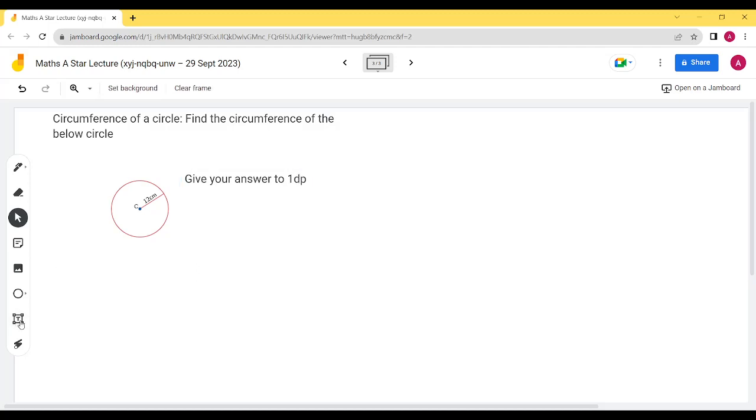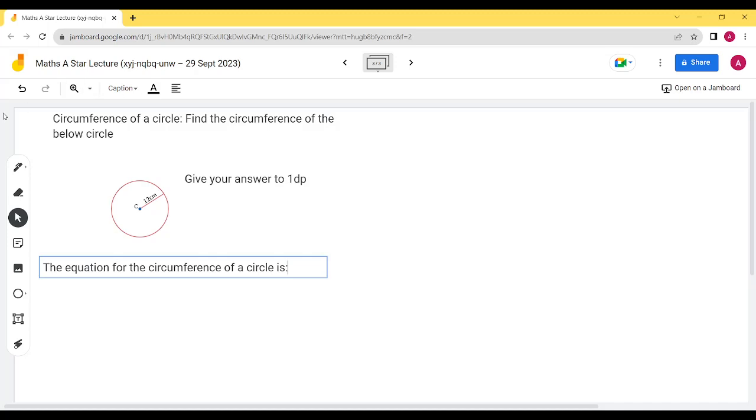Okay, so in regards to this, the equation for the circumference, remember circumference means around the outside, the equation for the circumference of the circle is, we'll put it below, is pi d.